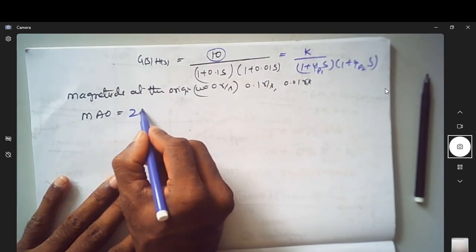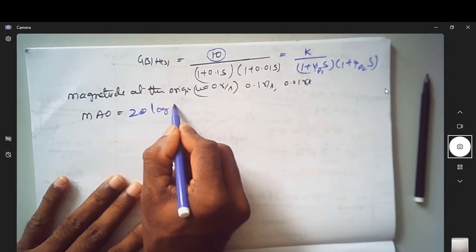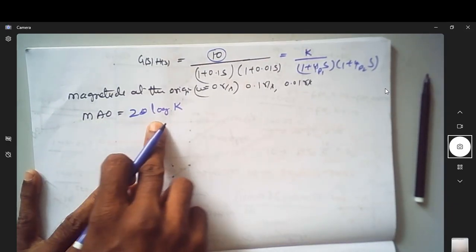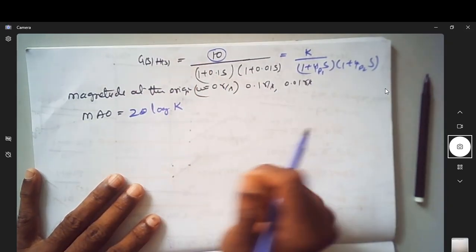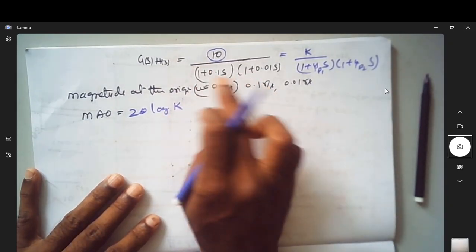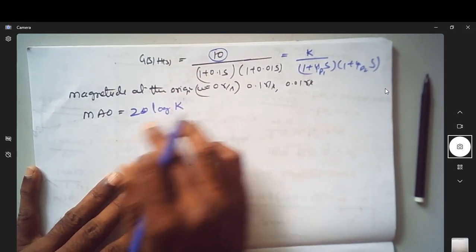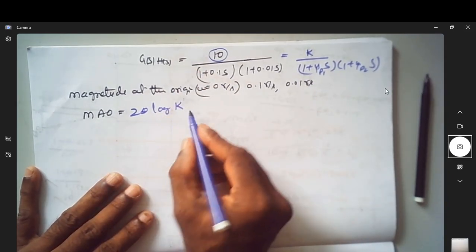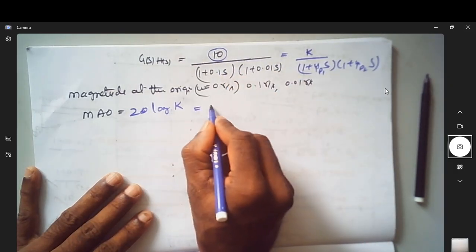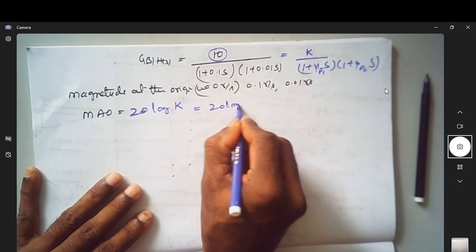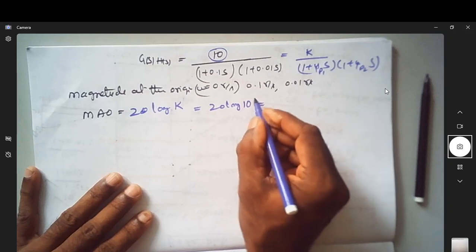So I can say 20 log of K is the magnitude at the origin for a system without poles or zeros at the origin. In place of K, you have 10. So 20 log of 10 is the magnitude at the origin.